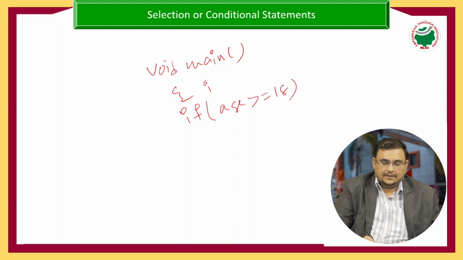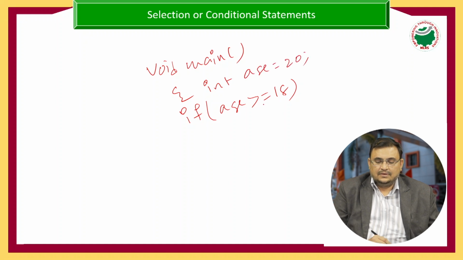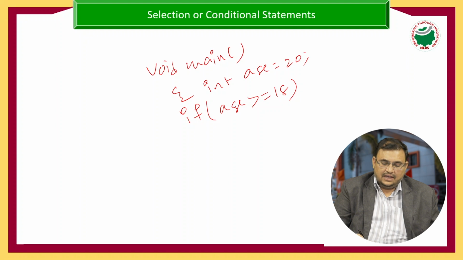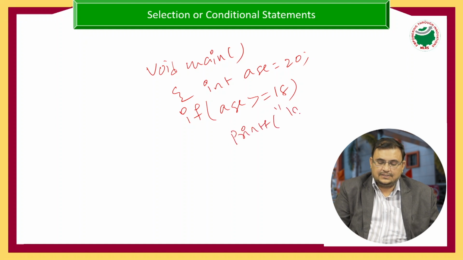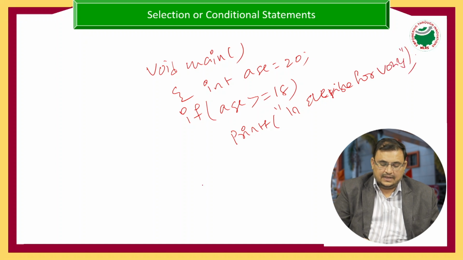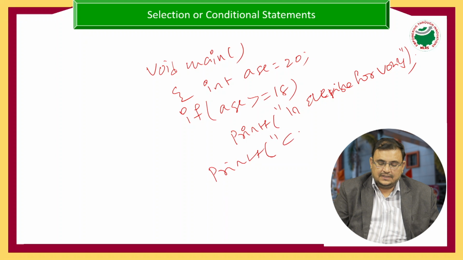So you declare int age as 20. Now you are checking whether age is greater than or equal to 18. So printf slash n eligible for voting, and you write statement X as printf csc.